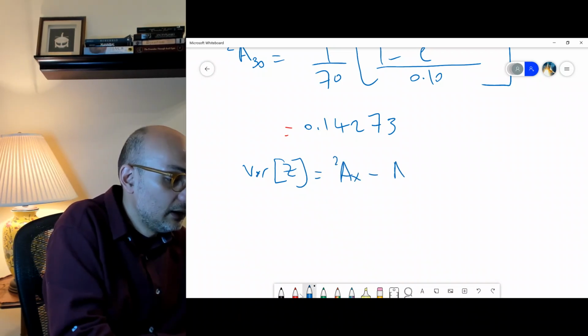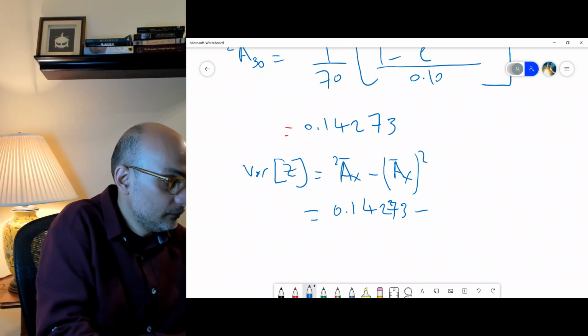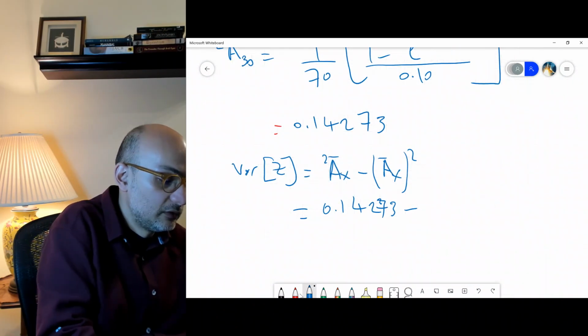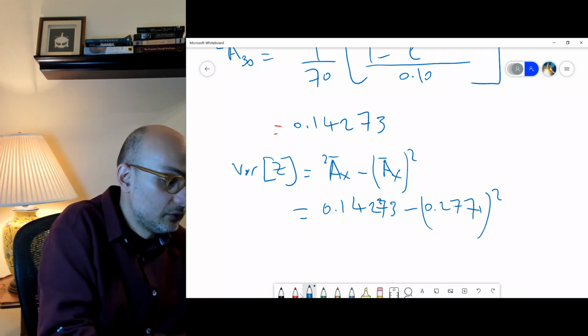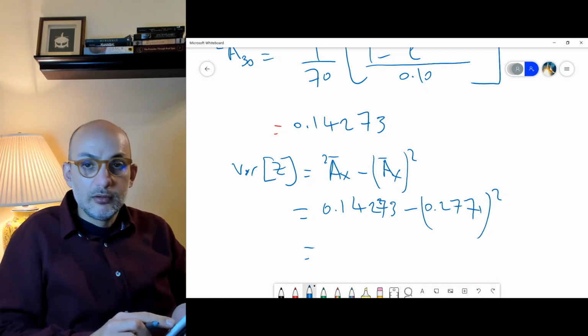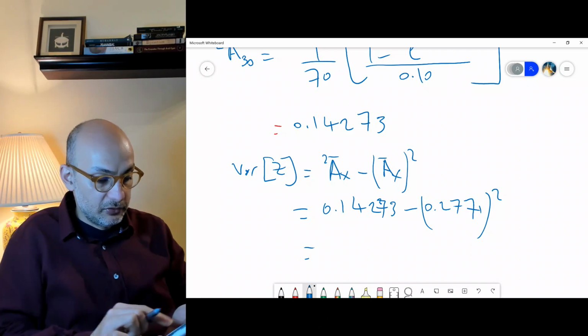Now the variance of Z, because it's important to calculate, is the second moment minus A bar x everything raised to 2. So this is 0.14273 minus our friend here, 0.2771 raised to 2. All I need to do is keep it in my calculator so I can immediately compute it.